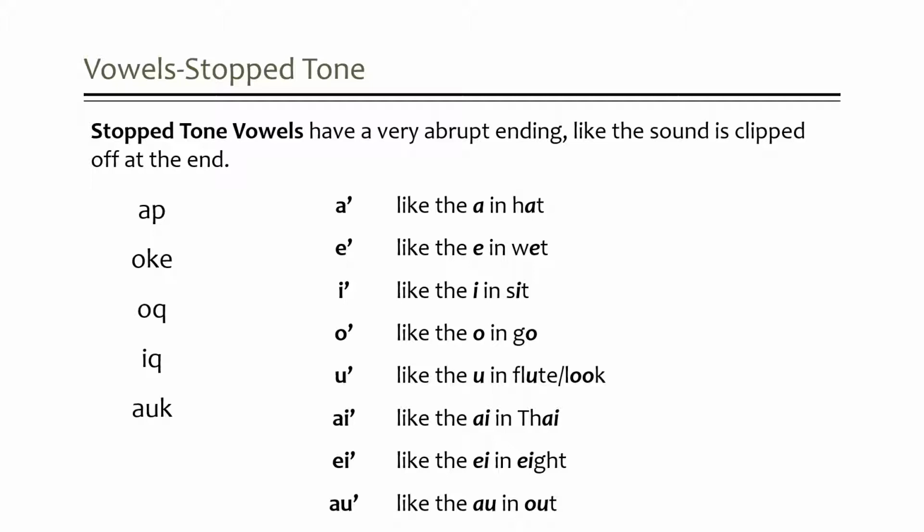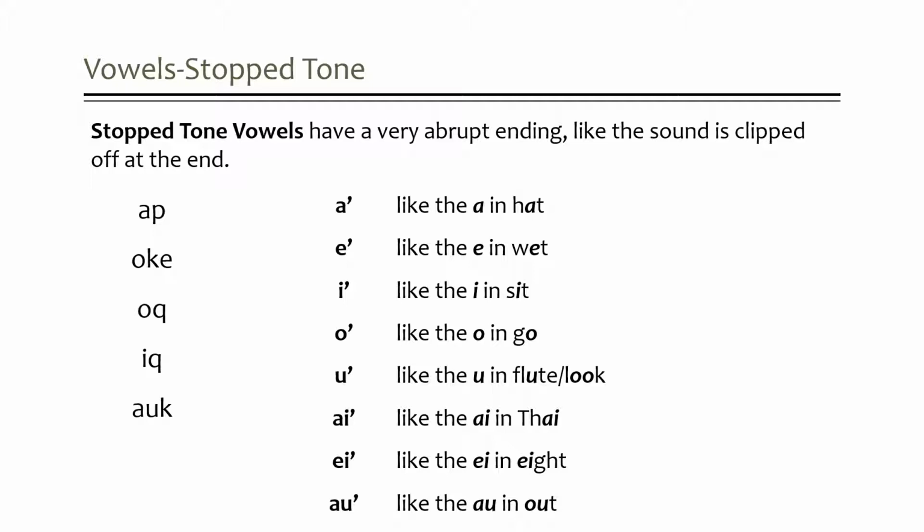And it seems to be helpful to some, but as I listen to new students, they often vocalize the ending too much so that I can hear consonant sounds that really aren't supposed to be there. So I personally favor this apostrophe method, which is employed in one of the main dictionaries. The only caution is that the apostrophe does not indicate emphasis as it does in English. It's just there to indicate that stopped tone vowel.